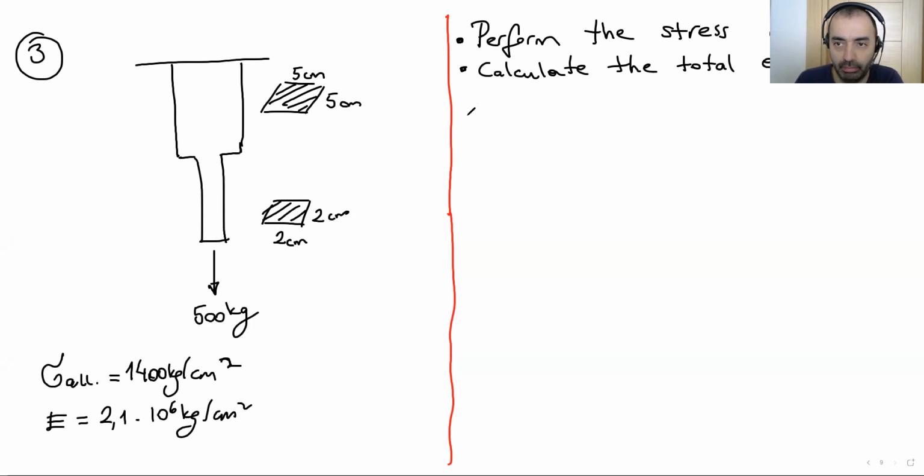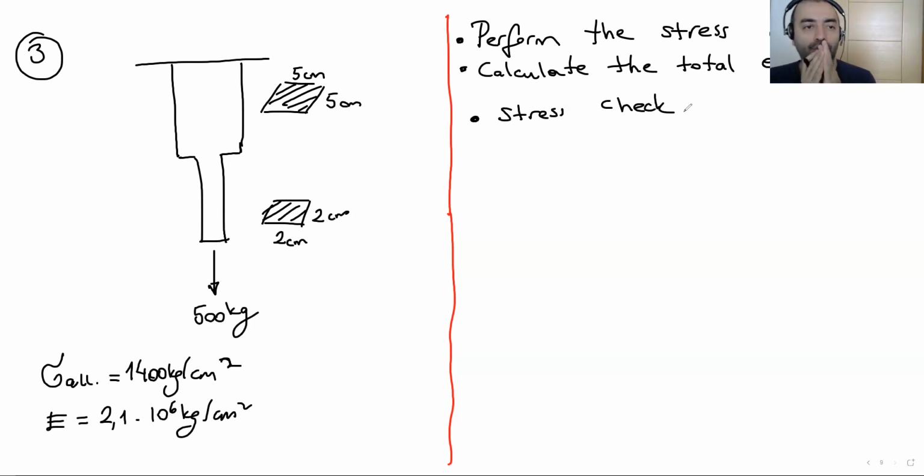Let's do the stress check. What we are going to do, we're going to calculate the maximum stress on the structural member and then compare it with the allowable stress. Okay, that's it. Here, where do we find the maximum stress, basically.